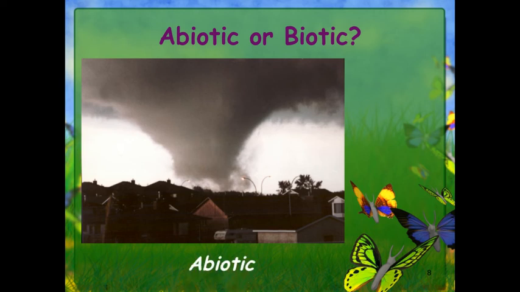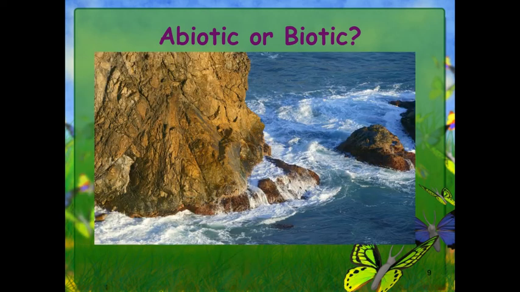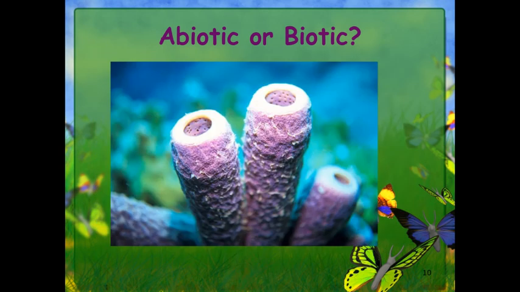This is an abiotic factor. So this definitely would have a big impact on an environment. So this one, we're looking at water. We have some rocks here. This would be abiotic. Coral. Ooh, this is a tricky one. Is it a rock? Is it living? So this is actually a living thing, so that would make it biotic.